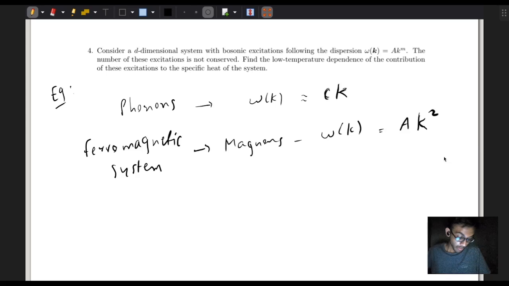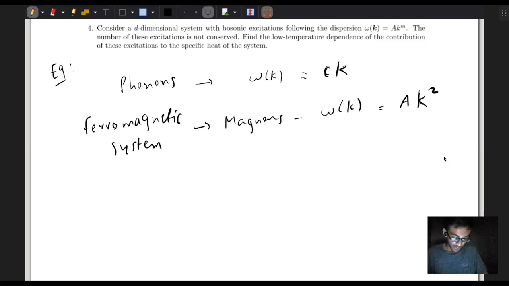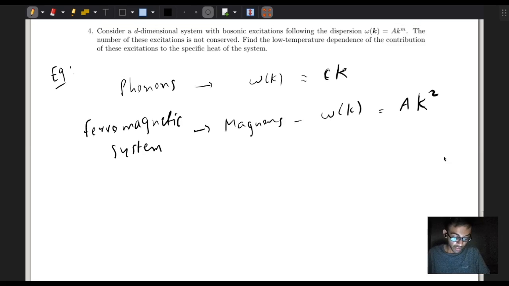There is some usefulness to thinking about some general dispersion in, let's say, a d-dimensional system. d equal to 1, 2, and 3 are of most interest. So let's get started with the problem, with that motivation aside.